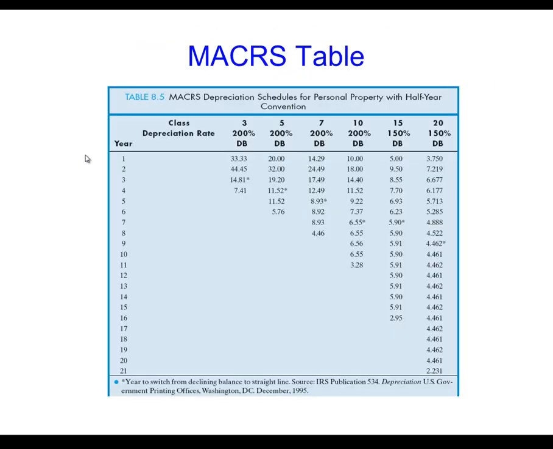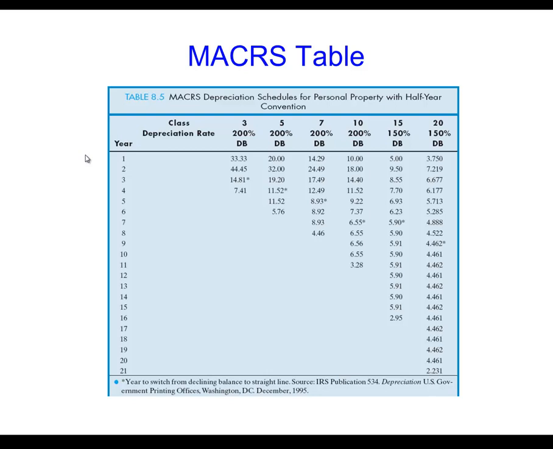The rate at which the value of an asset declined was estimated, and the rate was used for tax depreciation. So using the MACRS prescribed depreciation rate, we call it a recovery allowance percentage for assets within each class.